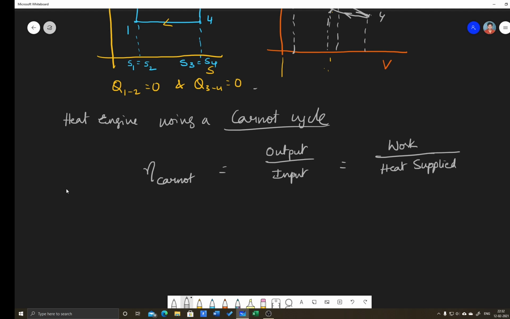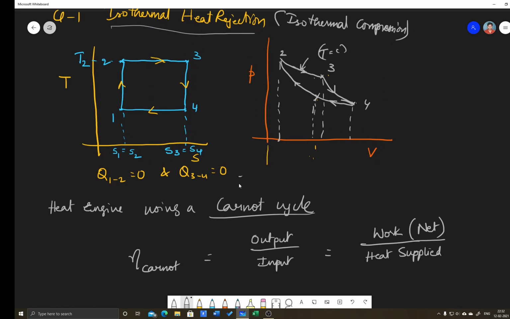If you take work into consideration, it will be net work. That means there are some compressions and some expansions. During expansion, work can be extracted, that is 3 to 4 work can be extracted, whereas in process 1 to 2 you have to supply work because it is a compression process. So this will be the net work.